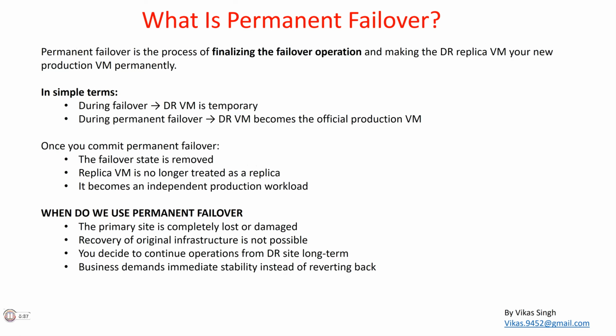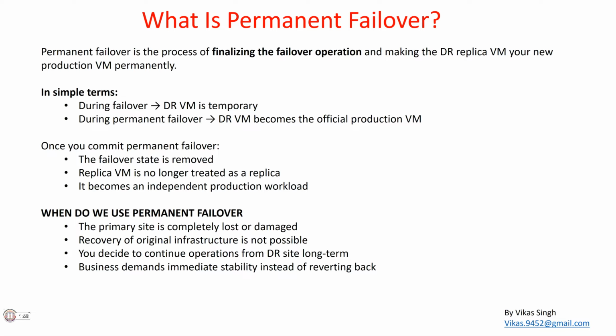So what is permanent failover? Let's first clearly understand the concept. Permanent failover is the process of finalizing a failover operation that makes a disaster recovery replica virtual machine your new production virtual machine, permanently. In simple words, during failover, DR VMs are temporary, but during permanent failover, DR VMs become the official production virtual machines.